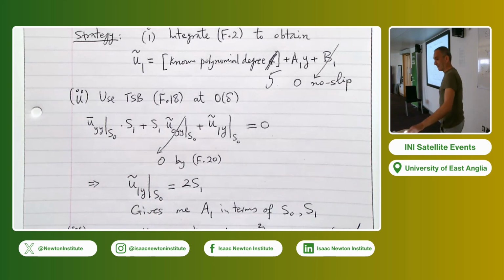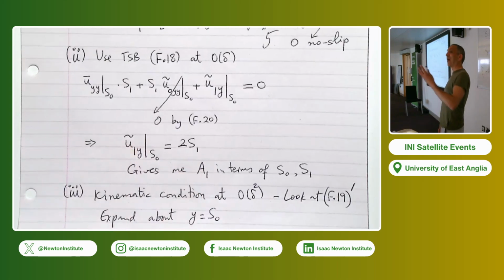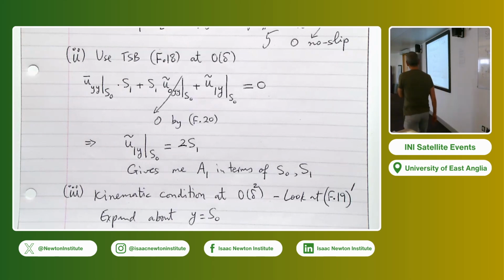Yes, it's degree 5. In fact, the final equation will have s to the power 6, as we will see. So I go to the tangential stress balance and go to the next order. Again, Taylor expand everything carefully. There are no shortcuts. You just have to do it carefully and pick the right terms.